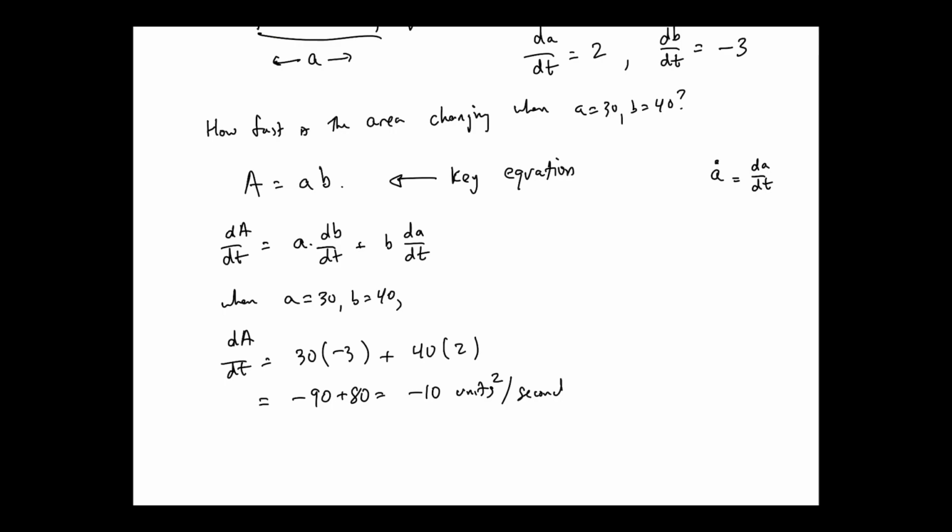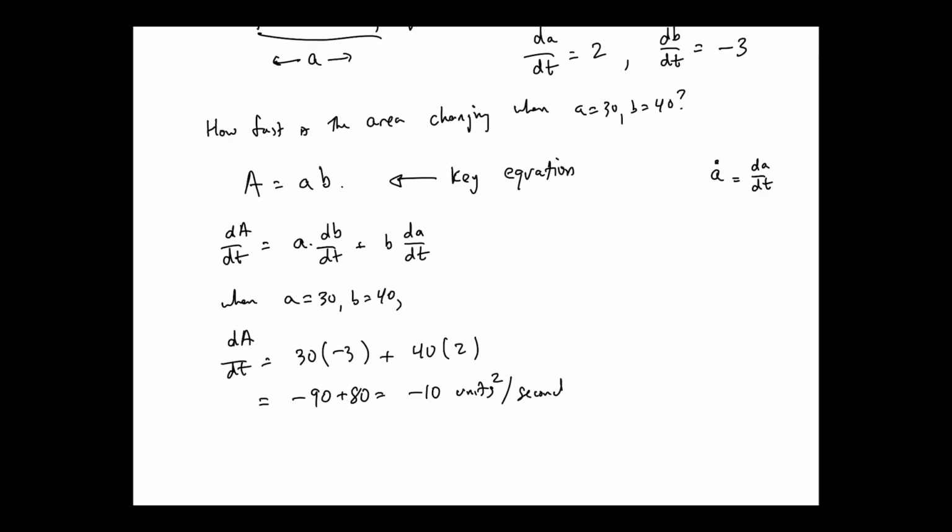Yeah, the lengths of A and B. Just because those things are changing at a constant rate doesn't mean that the area is changing at a constant rate. We got a number here, but that number is only valid at the instant in time when A is 30 and B is 40. If I change the numbers, we'd potentially get different answers.